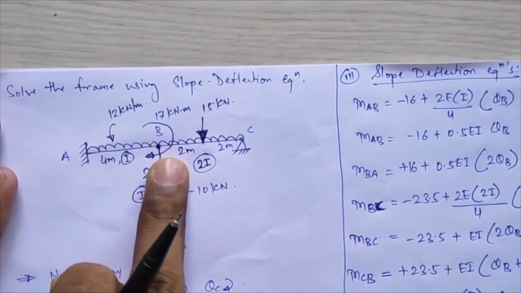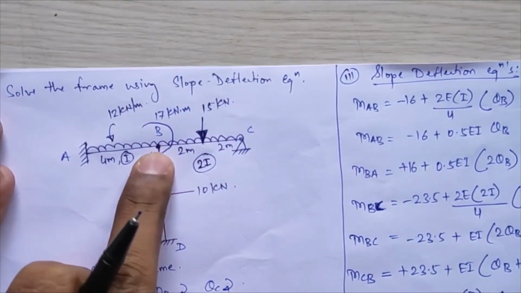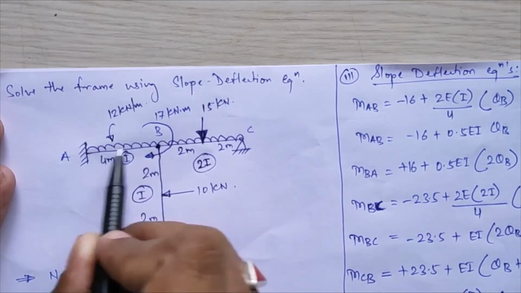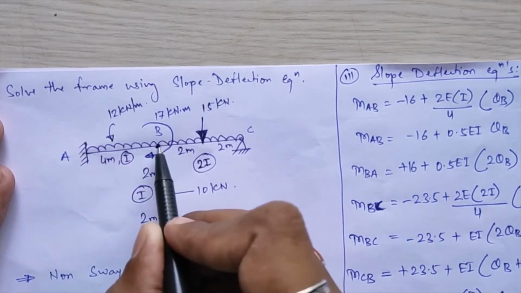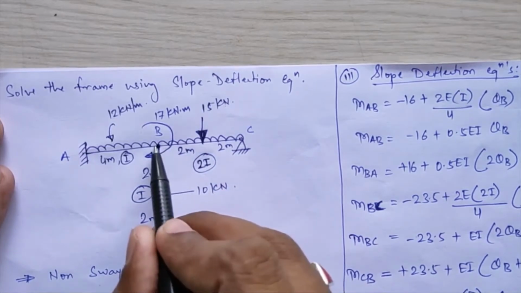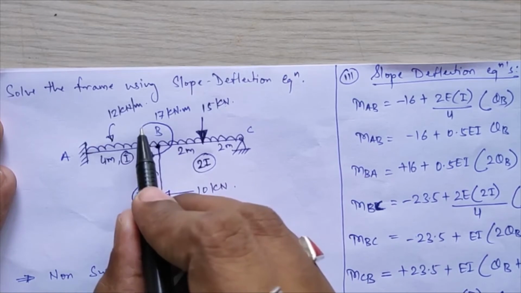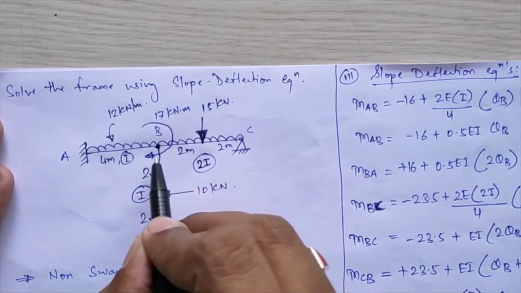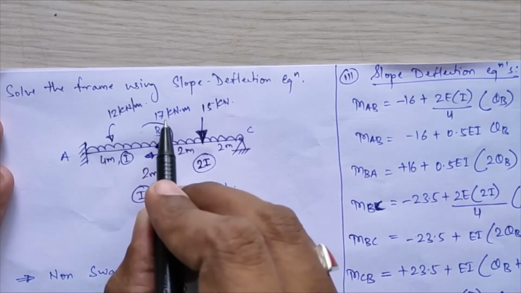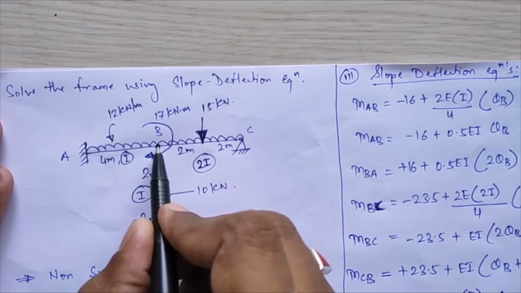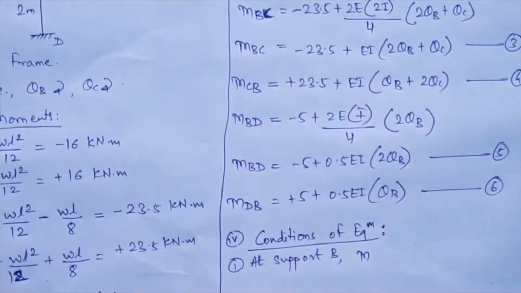At joint B, if you see, 3 members are acting from joint B, that is MBA, next BD, and next BC. Along with those members' moments, you have a concentrated moment of clockwise rotation 17 kilonewton meter directly acting at this point B. So that moment is considered over here.